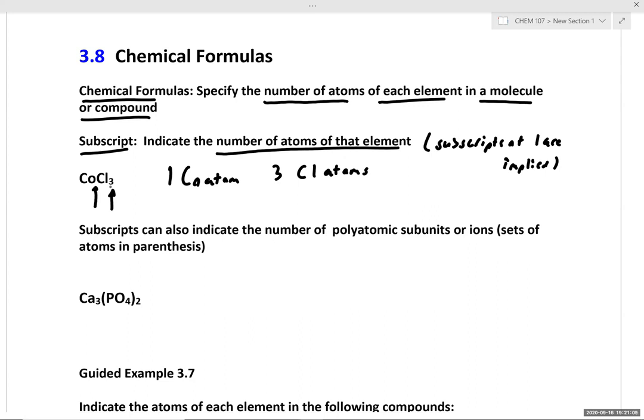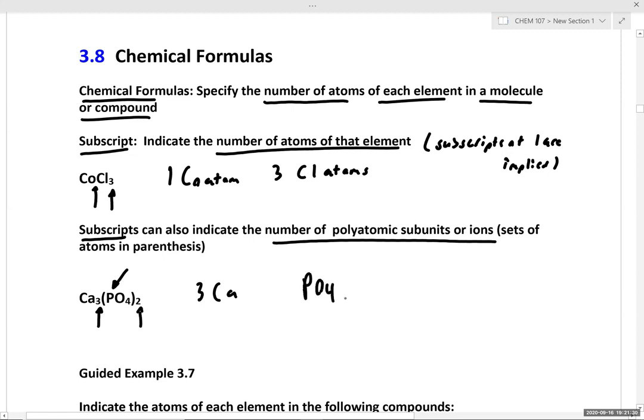Yes. So for calcium phosphate, subscripts can also indicate the number of polyatomic subunits or ions. We know that we have 3 calciums because we have a subscript of 3, but this entire phosphate, PO4 unit, we have 2 of them. So I'm going to write 2 phosphate units.